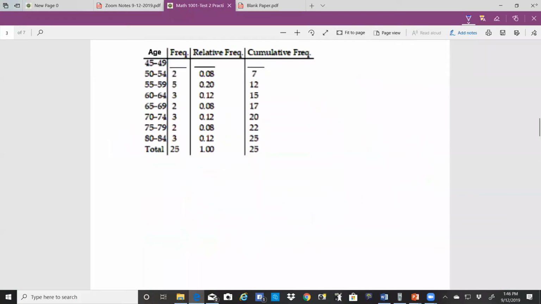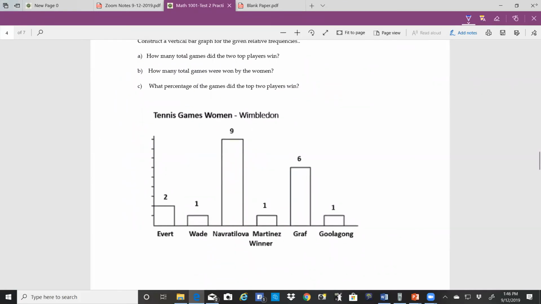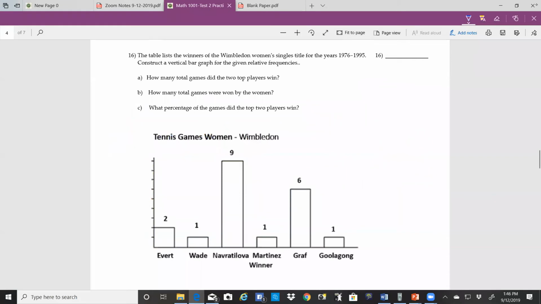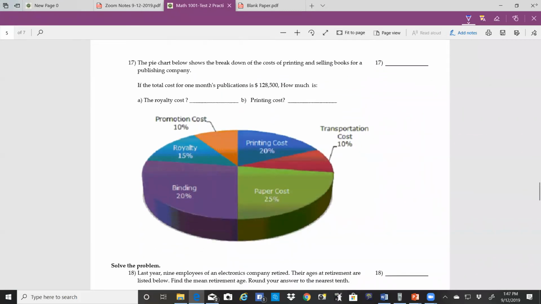There's some other questions on that same chart. Here is a bar chart with data in it. You'll probably be asked to answer questions about it. You may be given a pie chart and have to figure out, if this is a pie chart for your company, how much was the printing cost on an overall budget of $128,000.